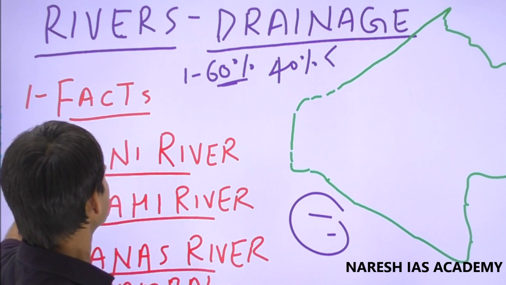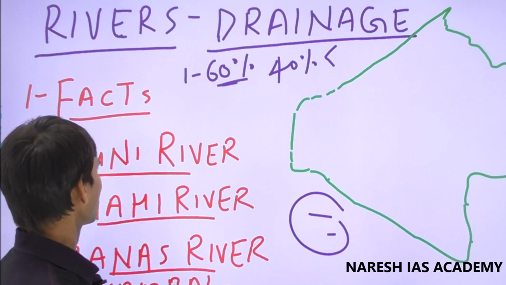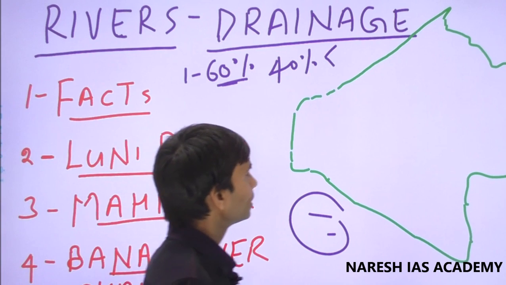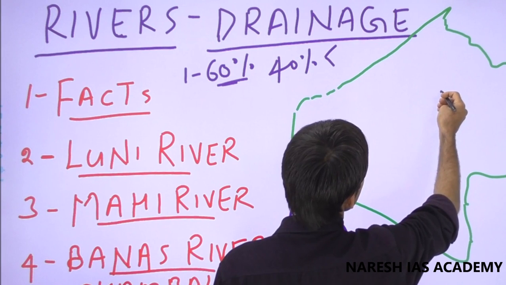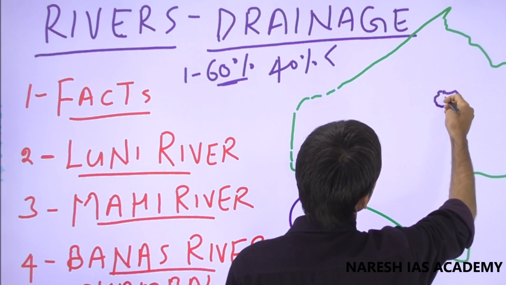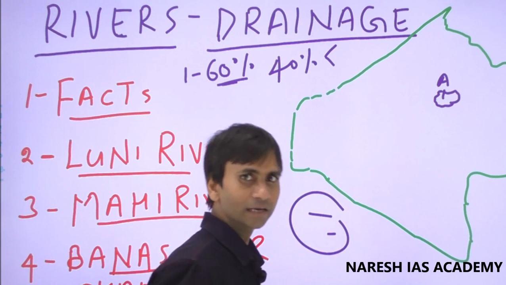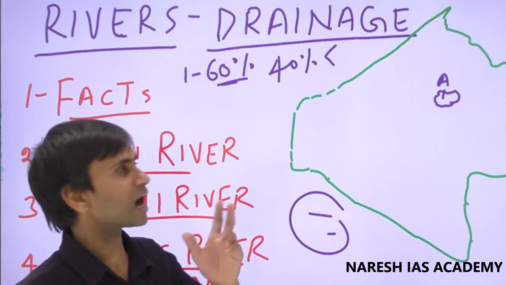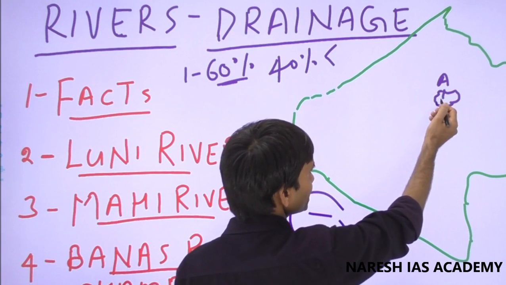Next are the important rivers and their flowing path. First is the Luni river. Luni river has its origin in Ajmer district, Pushkar valley or the Nag hills, and this is the geographical boundary of Ajmer district.